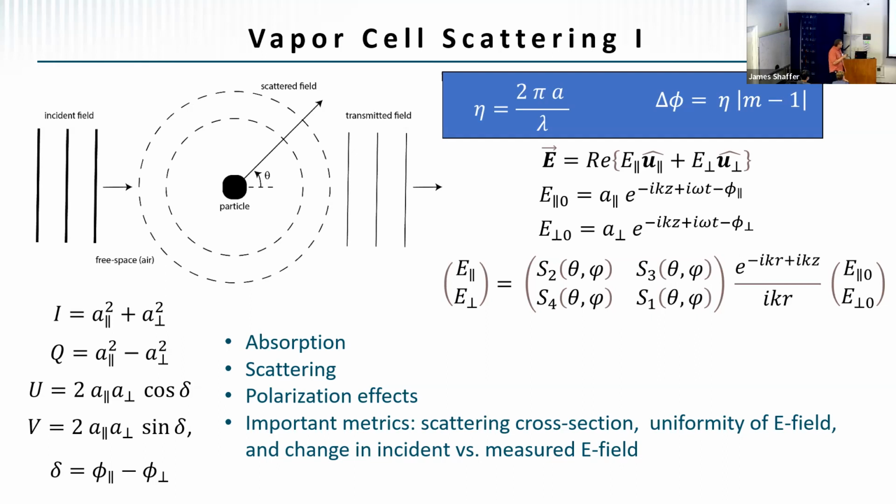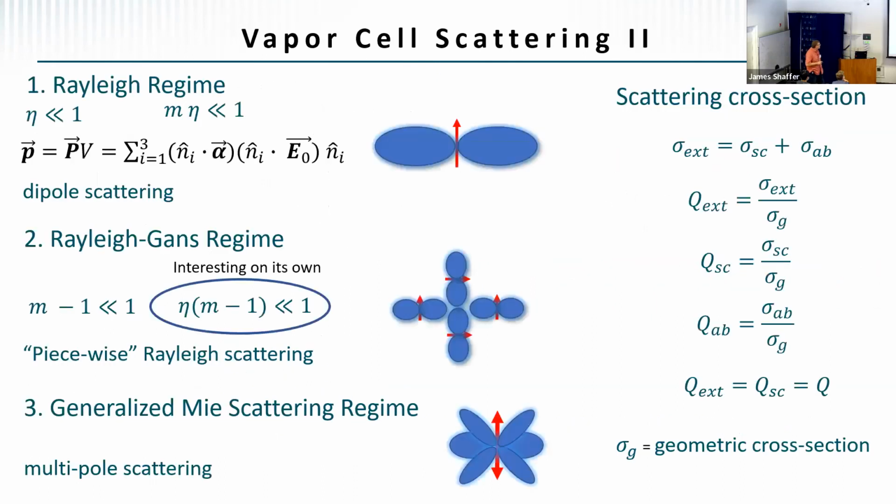So I'm assuming that our sensor is going to be placed in air, so the closer that our index of refraction would be to air, the more invisible the vapor cell would be. And this is essentially the phase shift of the wave as it passes through the particle. So we would like this to be small, and if this is small, then we'll also get better results.